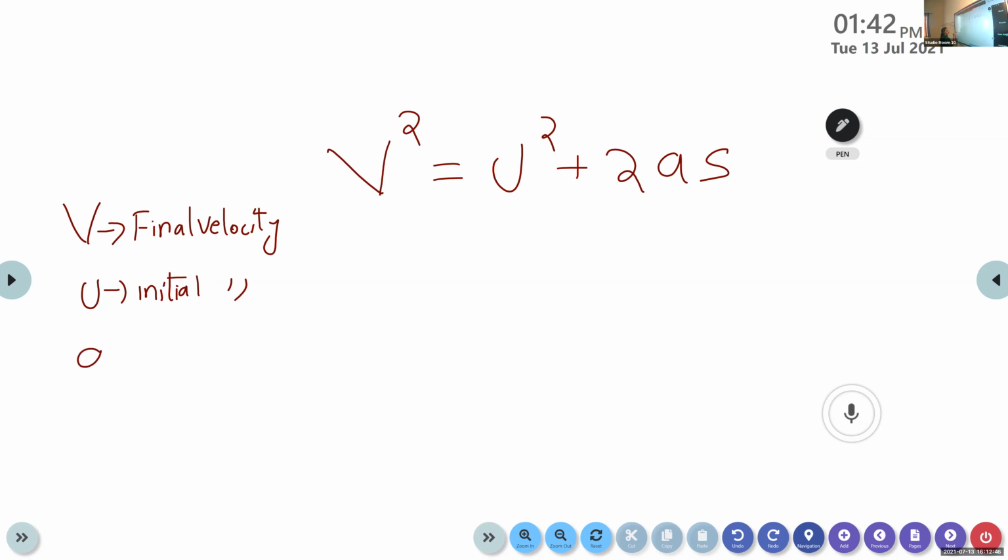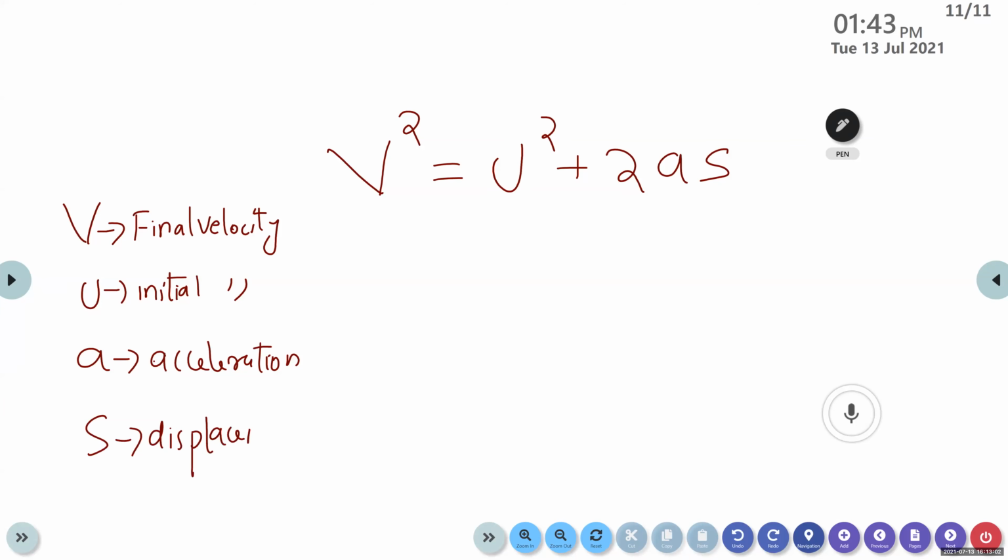Next, A. 2 is a number, it is a constant, so we don't need to bother about it. A is acceleration. Okay, then S is displacement. Very good. Here V is the final velocity, U is the initial velocity, A is the acceleration, and S is the displacement. Now apply the principle of homogeneity.